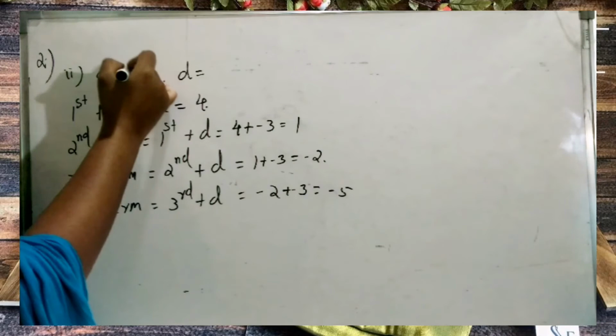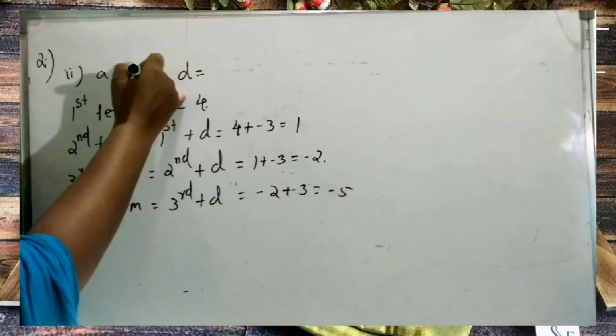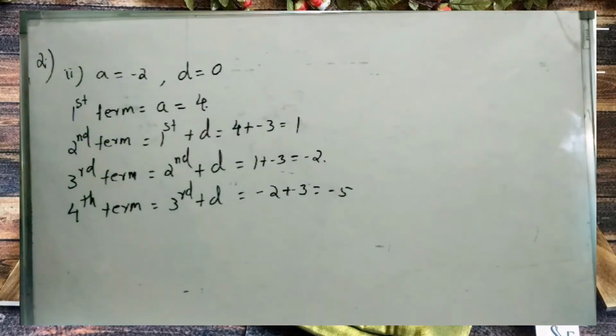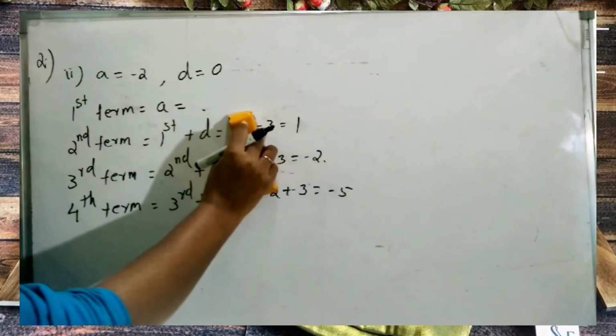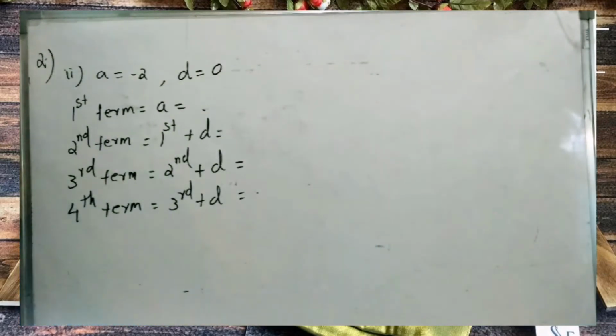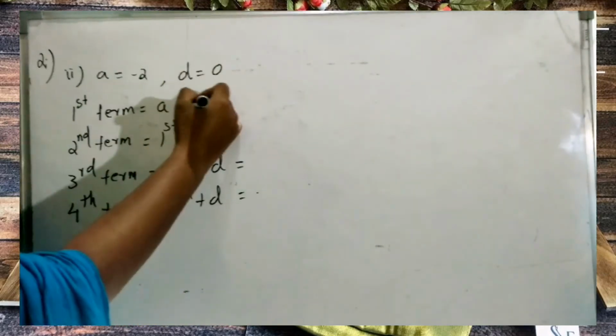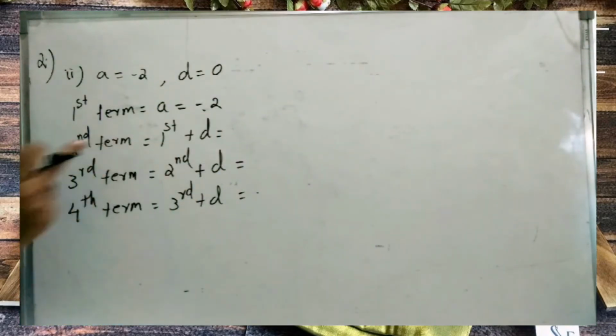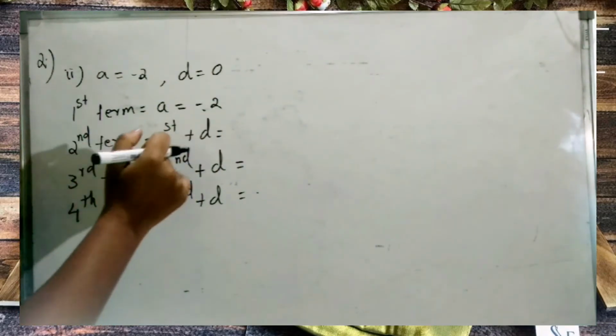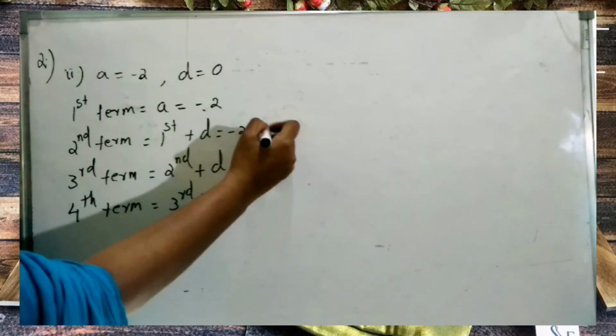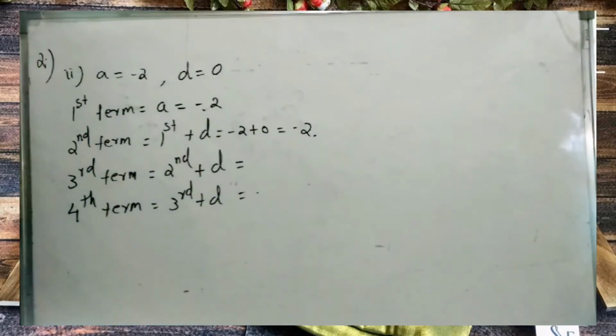A is equal to minus 2, D equal to 0. So the first term A is minus 2. The second term, that is first term plus D, is minus 2 plus 0, equal to minus 2.